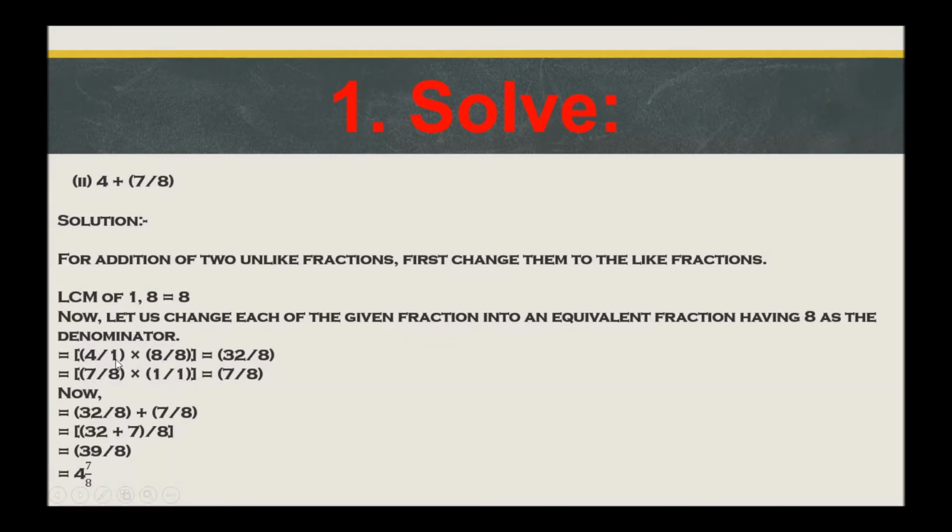So it is 4 by 1 into 8 upon 8 equals 32 upon 8. And 7 upon 8 into 1 upon 1 is 7 upon 8. So the two fractions are 32 upon 8 and 7 upon 8. Now we will add them. So 32 plus 7 is 39, and denominator 8. So it is 39 upon 8. We can convert that into a mixed fraction. So it is 4 and 7 upon 8.